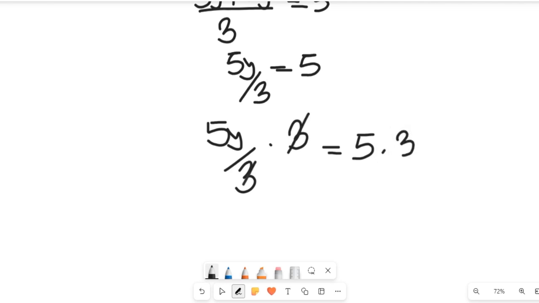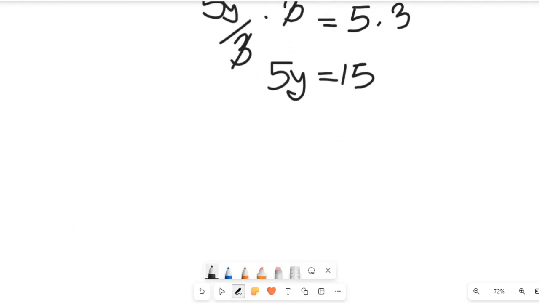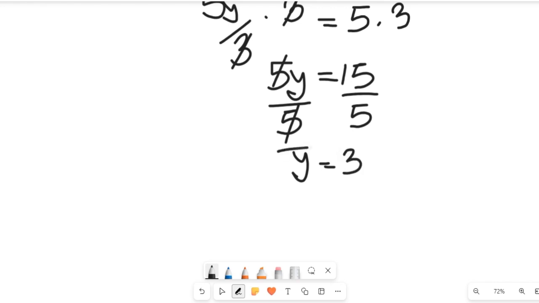So 3 clears 3, and then our 5y will be equal to 15, right? So we have to divide both sides by 5. If we divide both sides by 5, we're going to get the value for y. So 5 clears 5, and then our y will be equal to 15 divided by 5, which is equal to 3. So y is equal to 3.